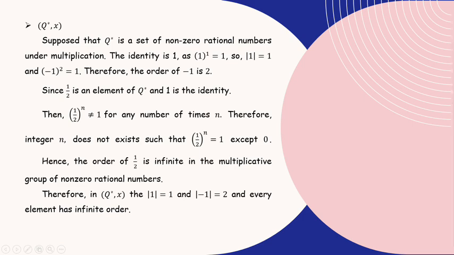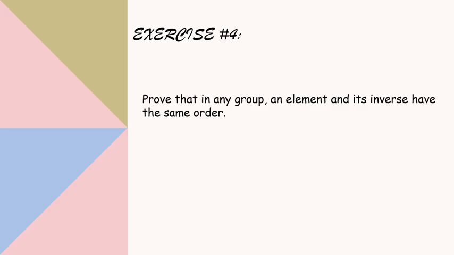Hence, the order of 1/2 is infinite in the multiplicative group of non-zero rational numbers. Therefore, in Q star, |1| equals 1 and |-1| equals 2, and every other element has infinite order.